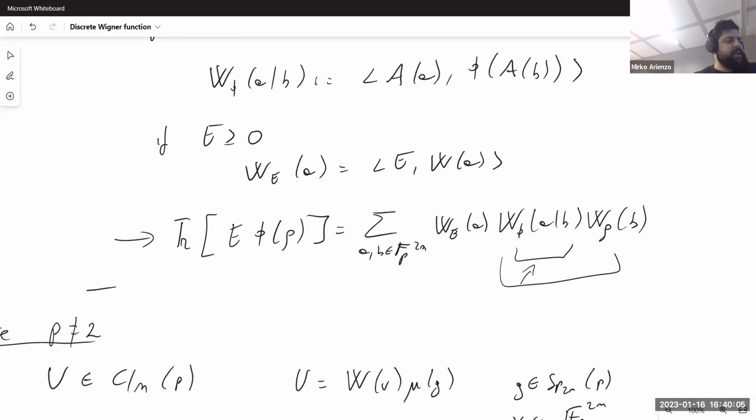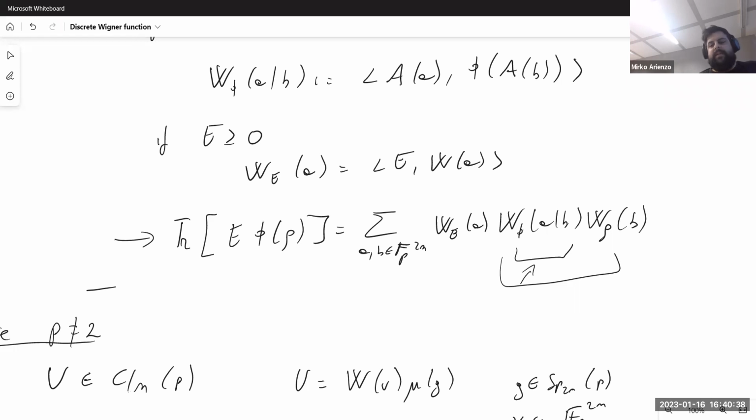The advantage of this kind of simulation with respect to the Gottesman-Knill theorem is that Gottesman-Knill basically is not really working when you have, for example, quantum channels. You can just do unitary evolution there.